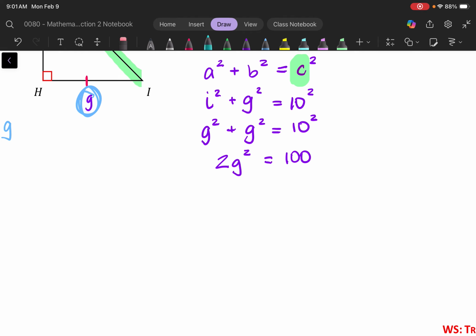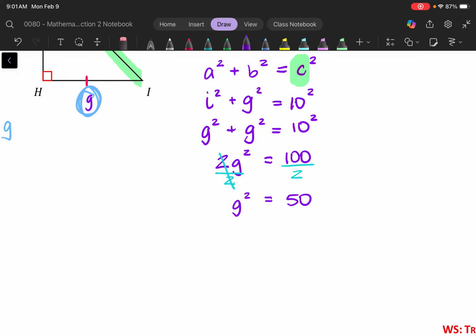Remember from last unit, we have to undo operations in reverse BEDMAS order. So I have to get rid of multiplication before I get rid of exponents. To get rid of multiplication, I use division. I'm going to divide both sides by 2. And when I do that, I get G squared is equal to 50.